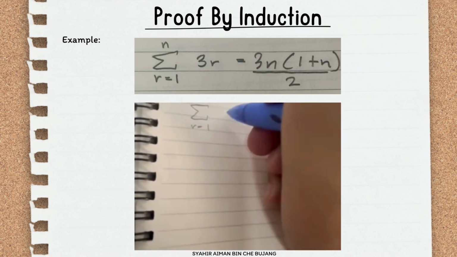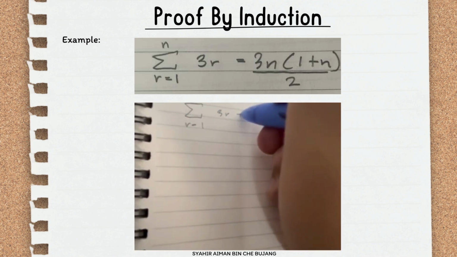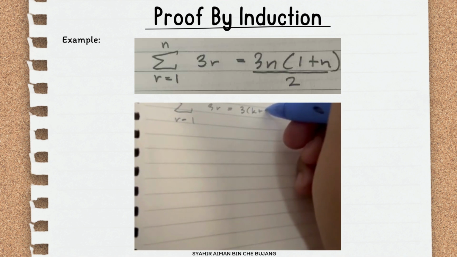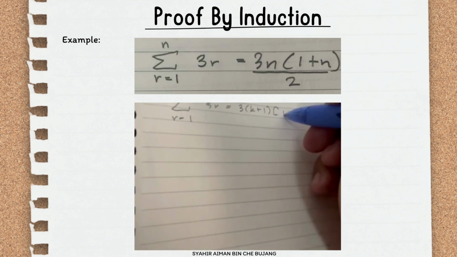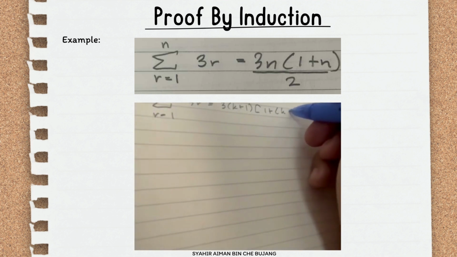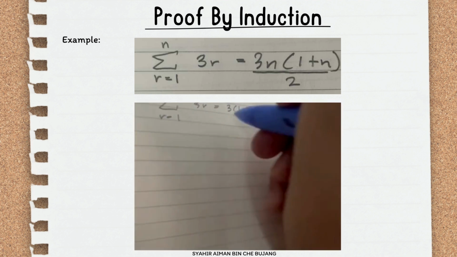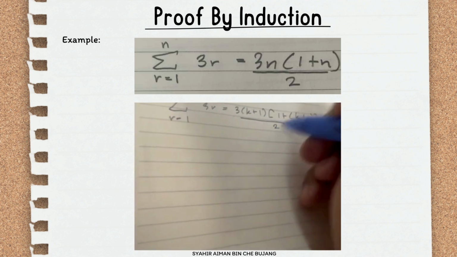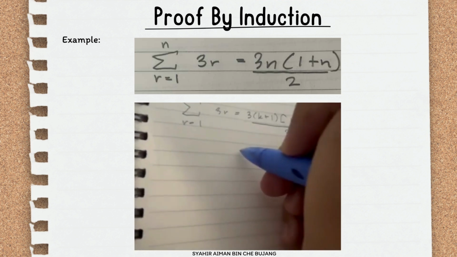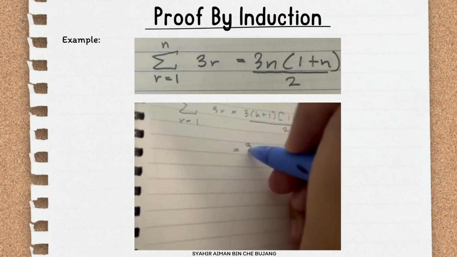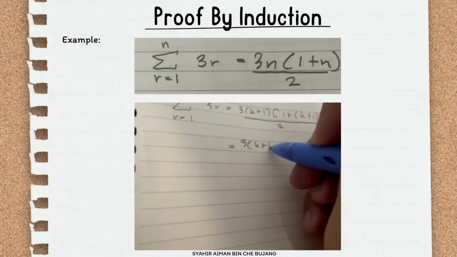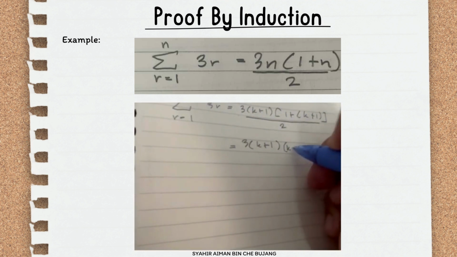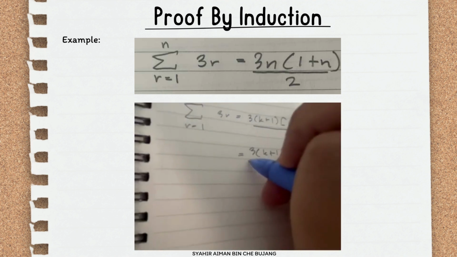The sum of 3r equals 3 times (k plus 1) times (1 plus k plus 1) over 2. So it will become 3 times (k plus 1) times (k plus 2) over 2.